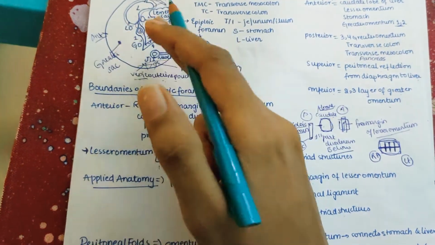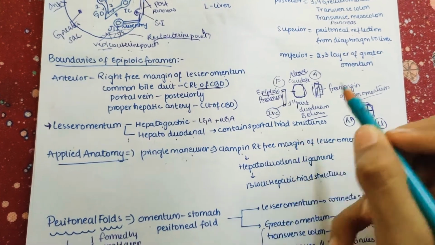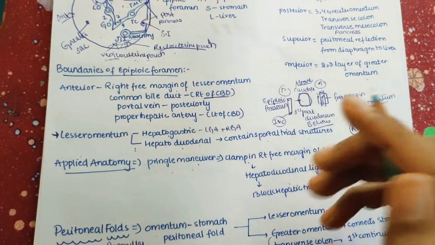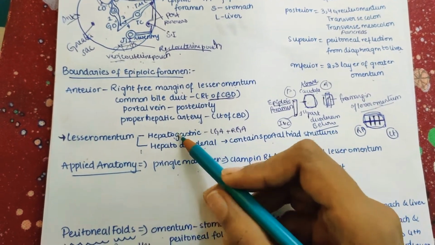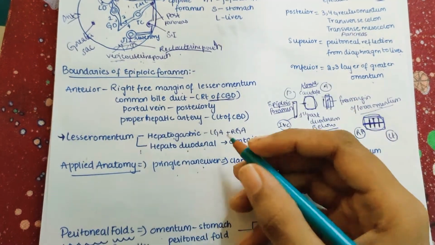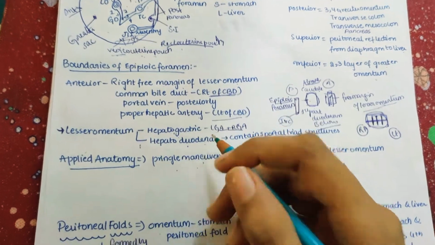It mainly contains the portal triad structures. So this free margin of lesser omentum is the hepatoduodenal part, whereas the hepatogastric part has only the left gastric artery and right gastric artery.